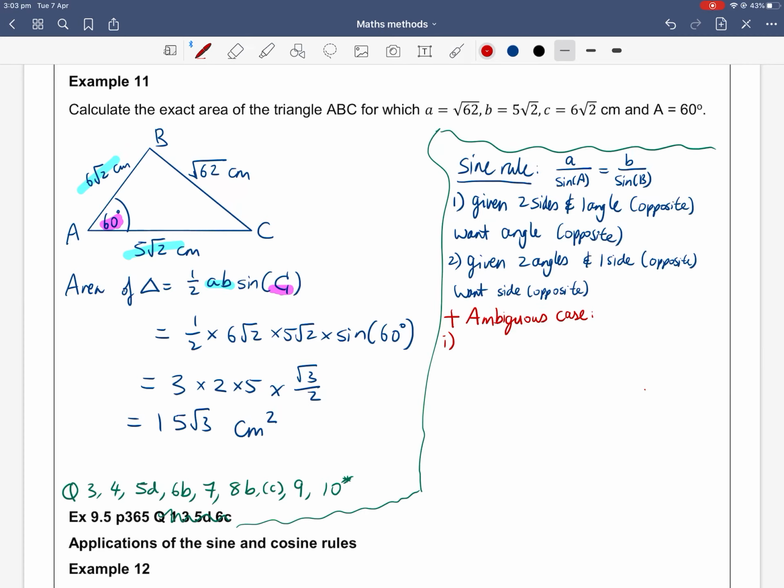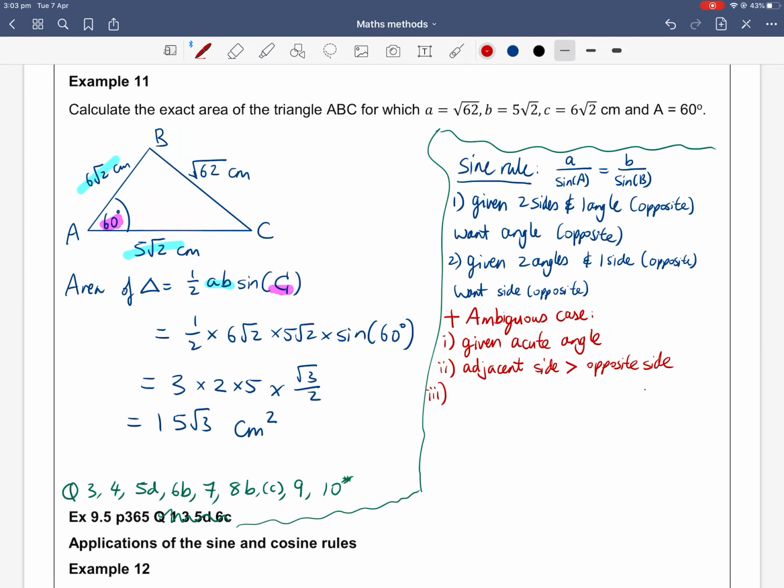The ambiguous case condition number 1 is that the given angle is acute. Condition number 2 is that the adjacent side length is bigger than the opposite side length.